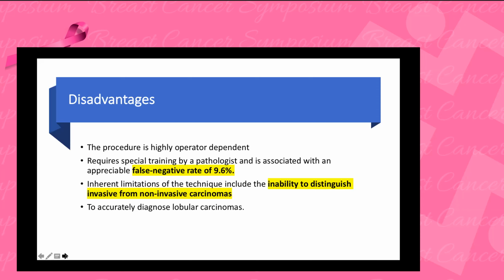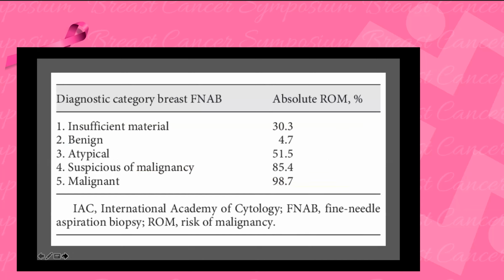I think mostly if you're dealing with in situ lesions, we need an intact tissue to look at our myoepithelial cell layer and therefore be able to see if the neoplastic cells are breaking the basement membrane. And in the case of cytology, you might not be able to appreciate that. Accuracy of diagnosing lobular carcinoma is also being questioned.